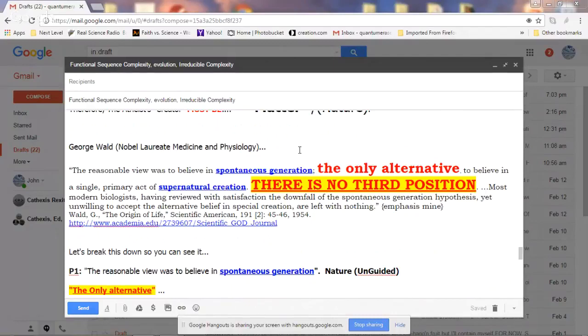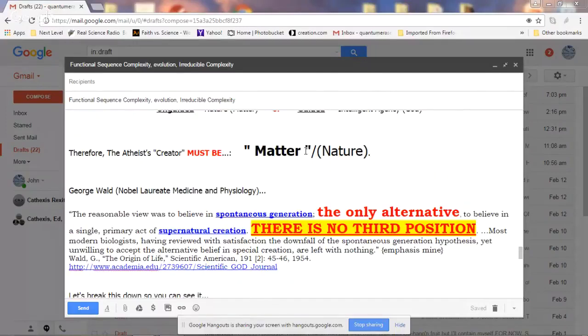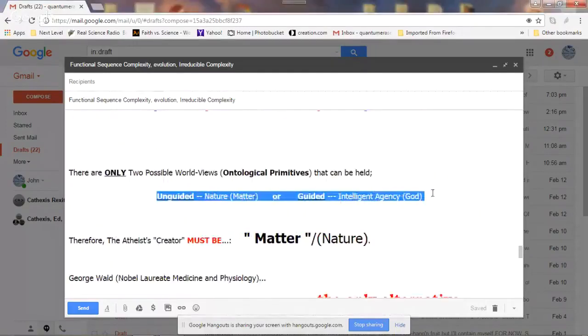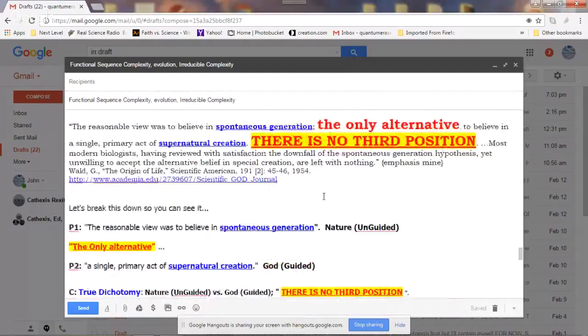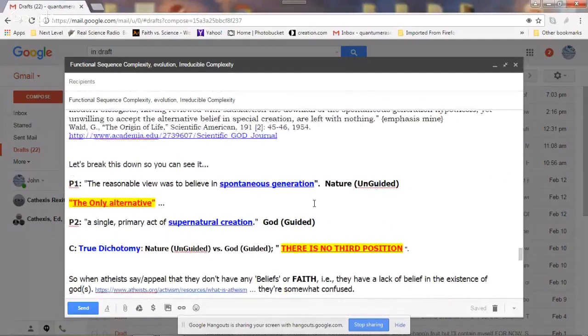So we have George Wald, a Nobel laureate in medicine and physiology: the reasonable view was to believe in spontaneous generation; the only alternative, to believe in a single primary act of supernatural creation. There is no third position supporting what I just said. There's only two positions, so let's break it down real quick.